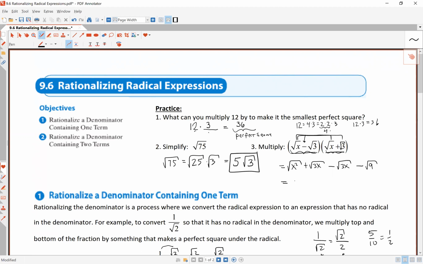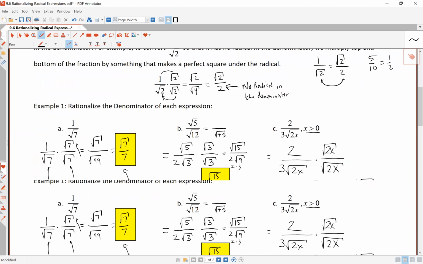Square root of x squared is x when x is non-negative. These middle two terms cancel out, and we have minus square root of 9 or minus 3. And the big deal here is that this is free of radicals. So the process is anytime you have a plus b and multiply by a minus b, it'll end up being free of radicals.